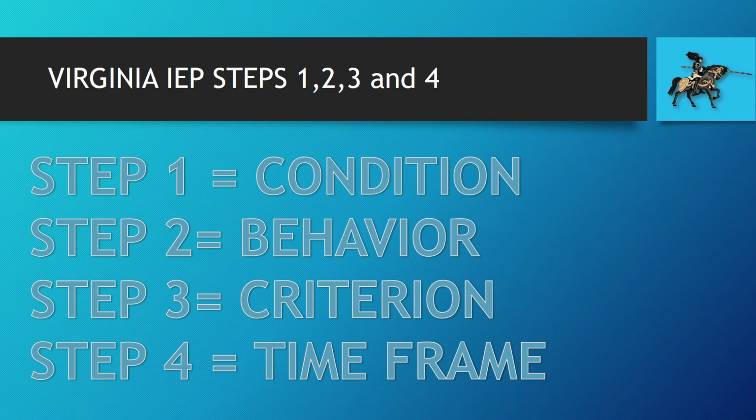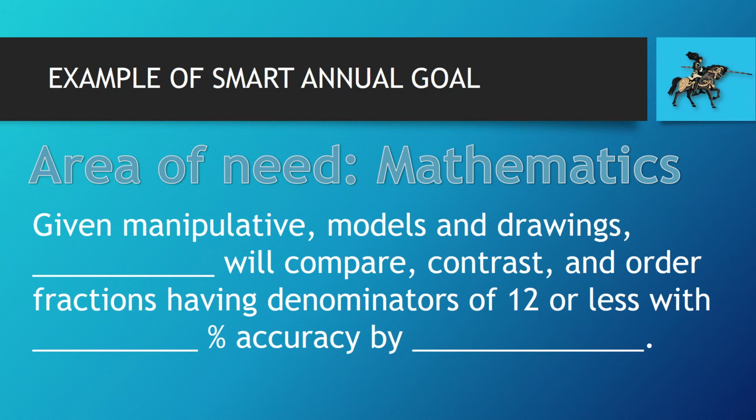Here are the 4 steps in developing goals in the Virginia IEP system. Step 1 is condition. Step 2 is behavior. Step 3 is criterion. And step 4 is time frame. Here's an example of a SMART goal in math with steps 1, 2, 3, and 4.